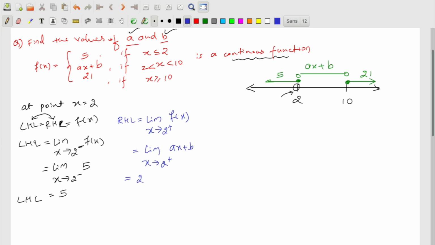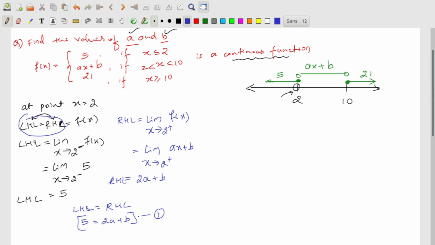So what we get here is 2 times a plus b, which is the RHL. All right, so now we know that LHL and RHL are the same. So you equate these two. LHL is equal to RHL, so 5 is equal to 2a plus b, and you take this as equation 1.